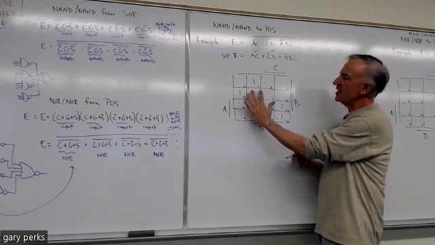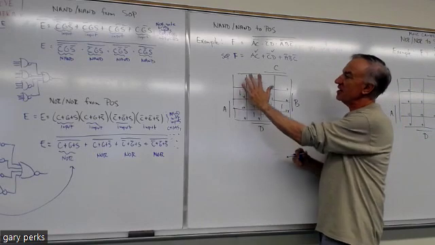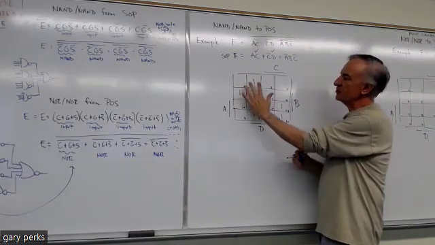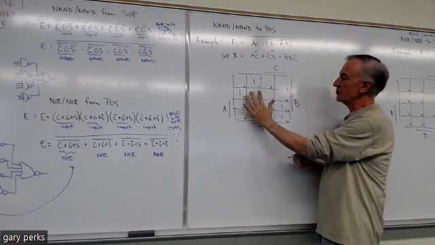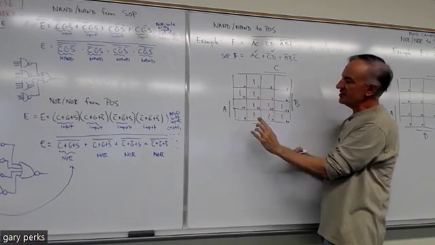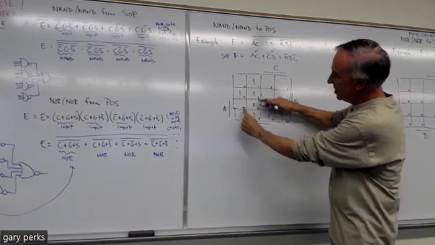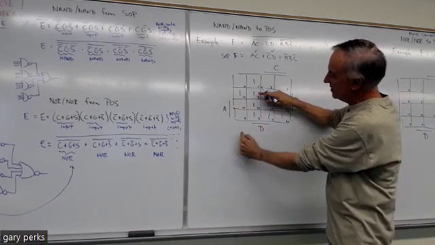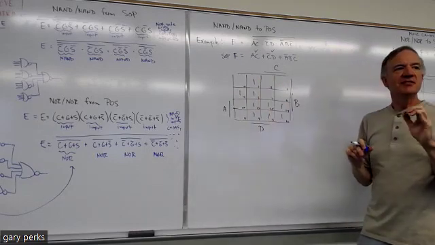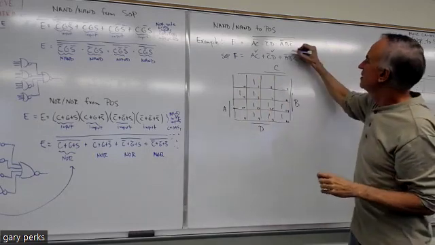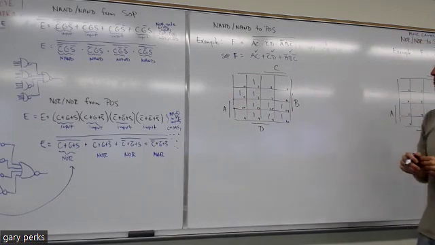Not A is common to that grouping, not C is common, and B is common. What's changing is D, because cell 4 is in not D and cell 5 is in D. So remember, what changes gets dropped out. Now we have all the ones where they're supposed to go.